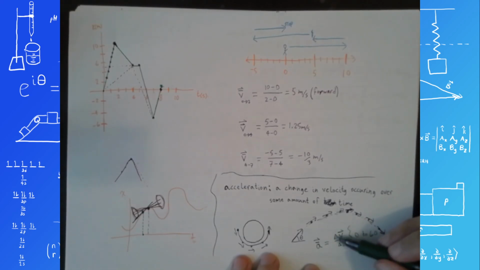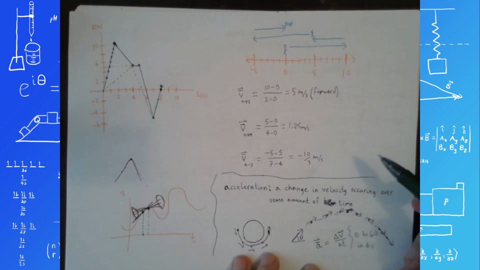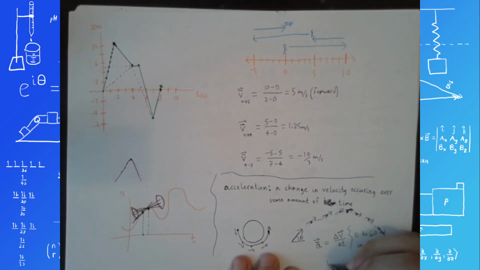Units of velocity, which are themselves units of distance or displacement over time again. So typically, the unit we use for acceleration is meters per second squared.